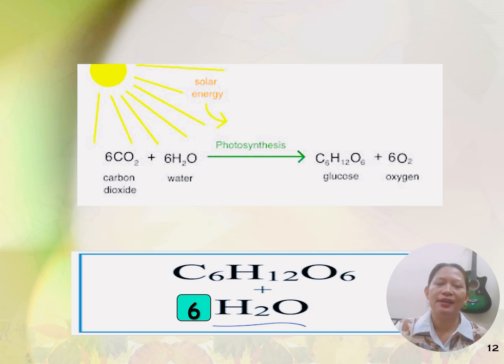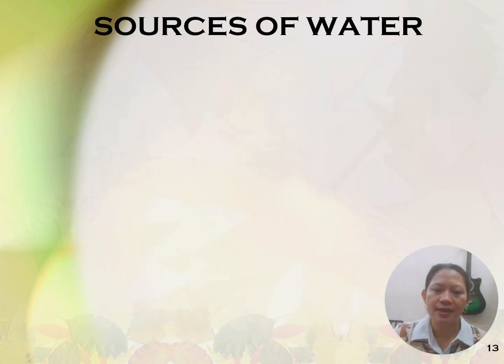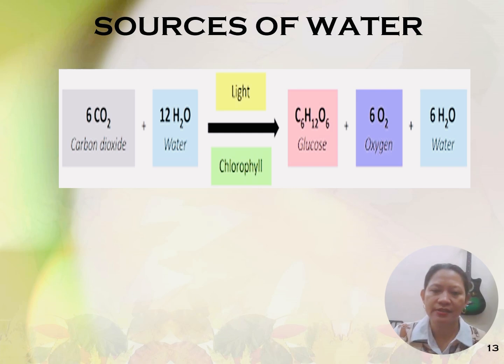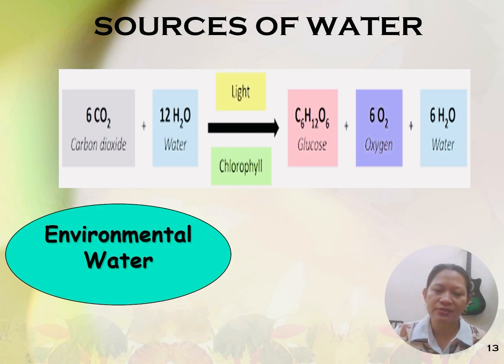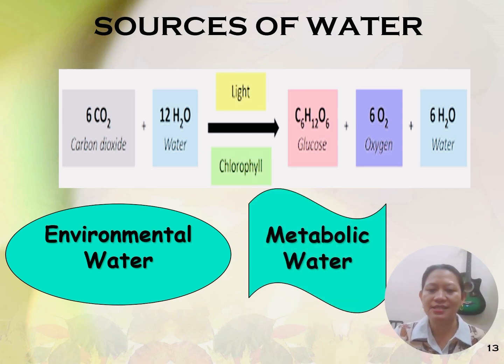So what happened here? In this slide, it is clearly shown that in this equation we have 12 water as the raw material and 6 water as the end product, wherein the sources of water are 6 environmental water and 6 metabolic water, the end product of carbon dioxide fixation.